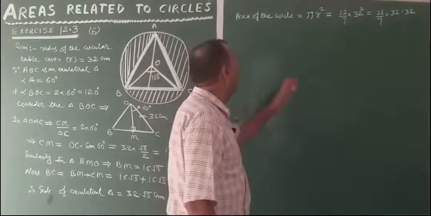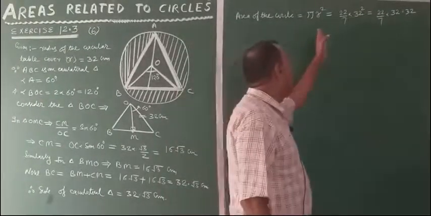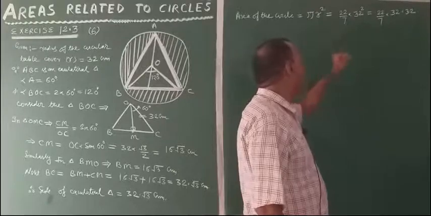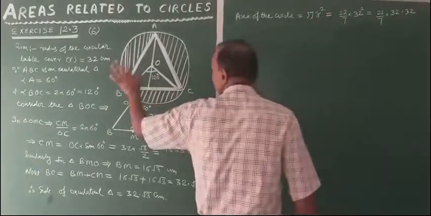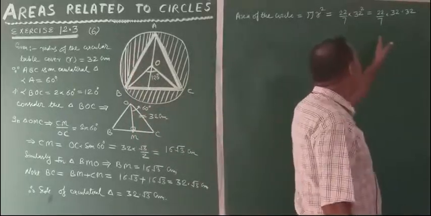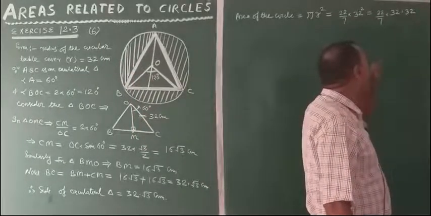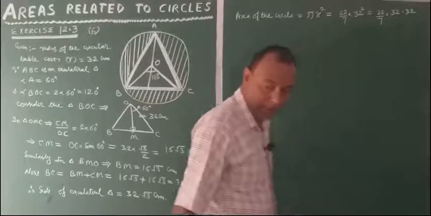Now, area of the circle will be pi r square. Pi is 22 upon 7 into 32 square. 32 is the radius of the circle. So 22 upon 7 into 32 into 32.